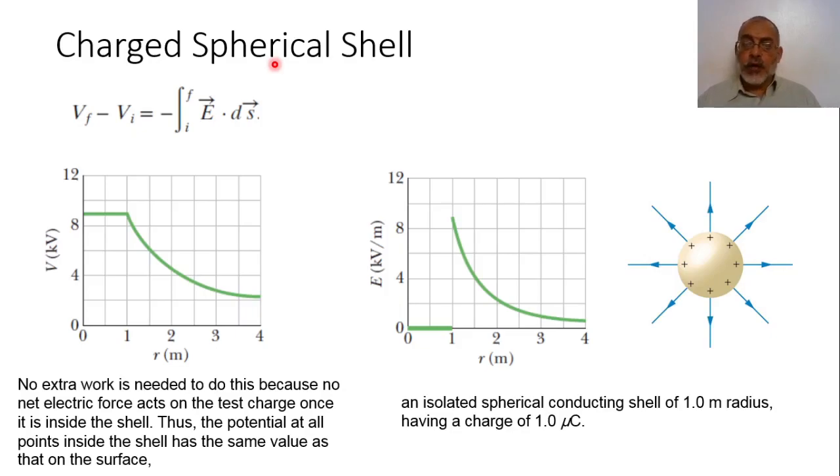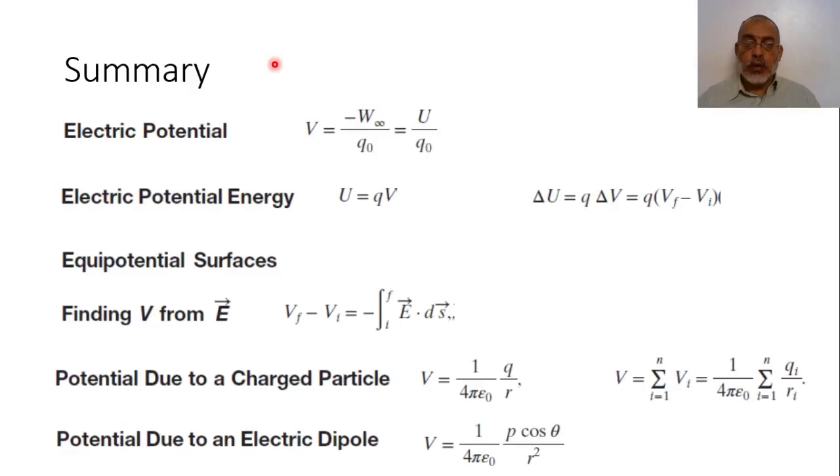By this end, we have completed the chapter of electric potential. Just to remind you of the main laws of this chapter, we said that the electric potential V is minus the work done to bring a point charge from infinity to the observation point over the magnitude of the charge, and this is actually equal to the stored potential energy U over the magnitude of this charge.